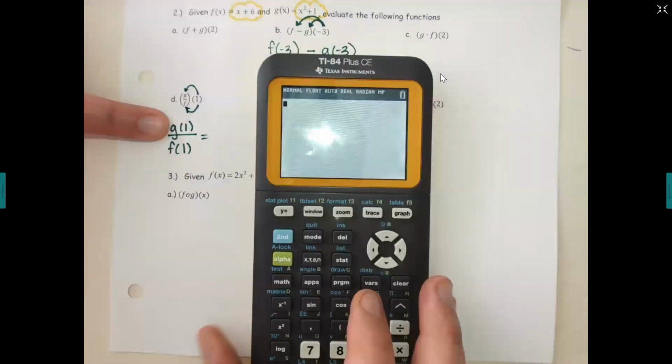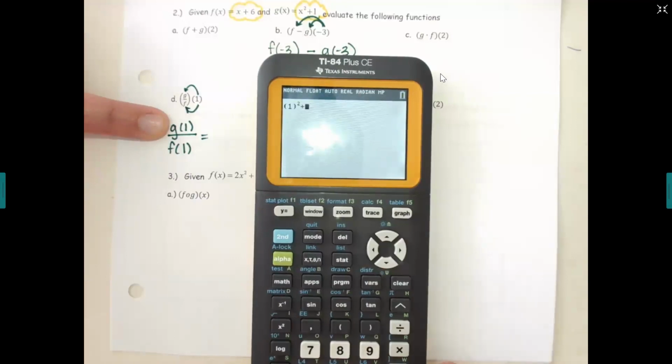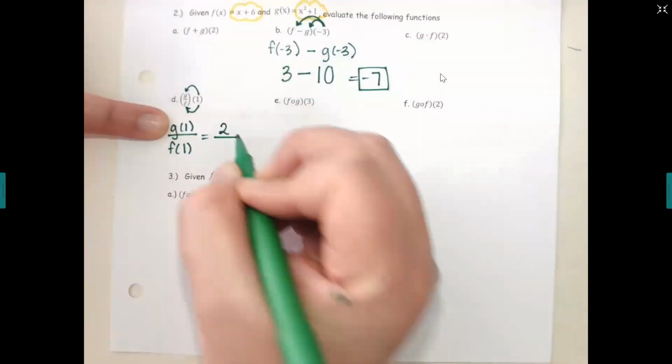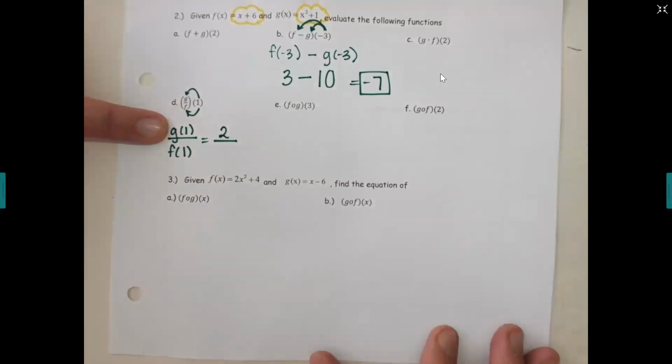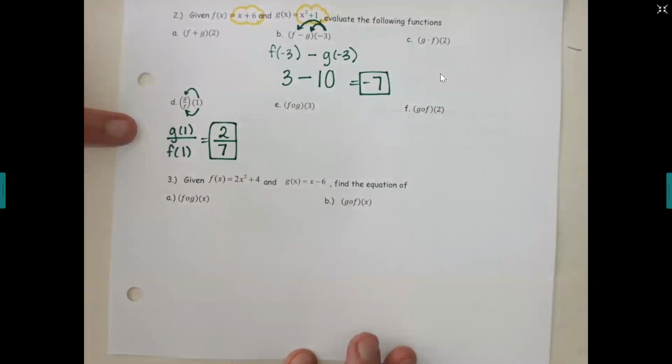My G formula is X squared plus 1. Now it's 1 squared plus 1, and I get 2. Now will you plug it into the F formula? I'll give you a sec to do that. My F formula is X plus 6. Now it's 1 plus 6, which is 7. So 2 divided by 7.